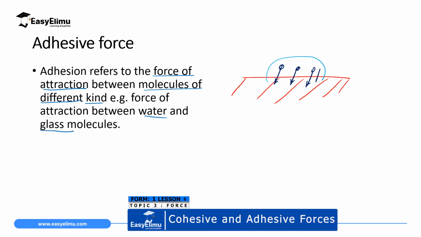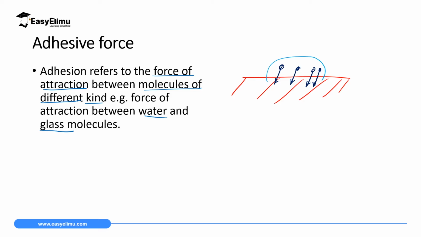The force of attraction between the molecules of water up here and the molecules of glass, that is what we call adhesive force. When there is a force of attraction between two molecules of different kinds, like molecules of water which look alike and molecules of glass which also look alike but are different from water, that is what we call adhesive force.